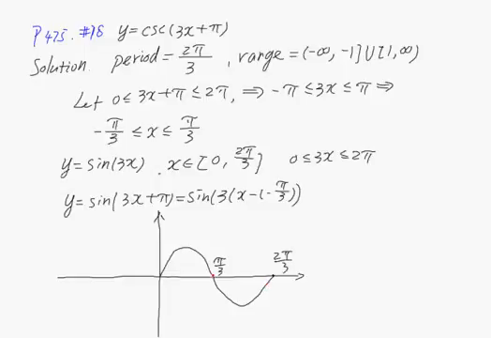Now you translate this graph to the left by pi over 3 units. Then you get the graph of sine of 3x plus pi. So this point is shifted to here, right? Then we get the graph. And this point is shifted to here. So we get a graph like this.